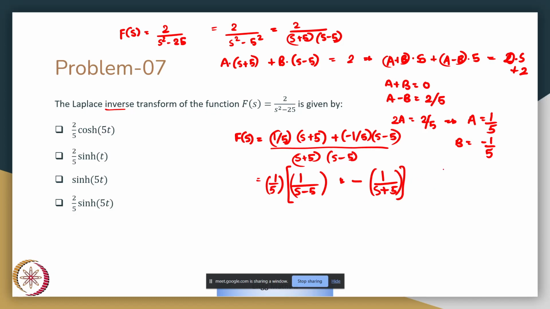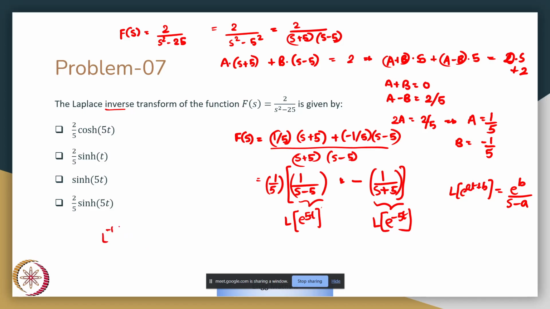Again, we can do the same exercise, the Laplace transform of e raised to at plus b being e raised to b upon s minus a, and we see that 1 upon s minus 5 is the Laplace transform of e raised to 5t, and 1 upon s plus 5 is the Laplace transform of e raised to minus 5t.